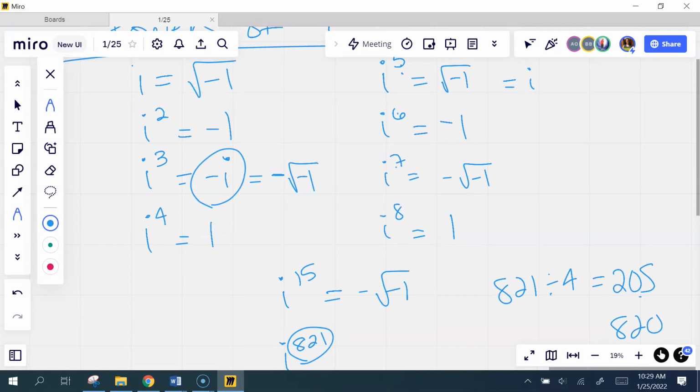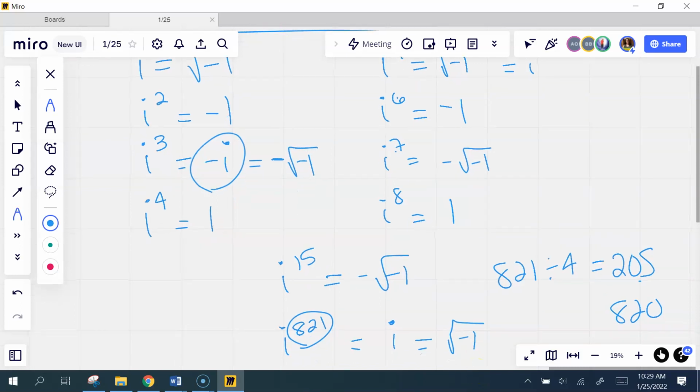If I went all the way through them to here, and then I got one more left. See if it works. If I took 15, 4 goes into it how many times? 3 with how many left? 3. 1, 2, 3. Is that what you get? 4 goes into this 205 times with 1 left.